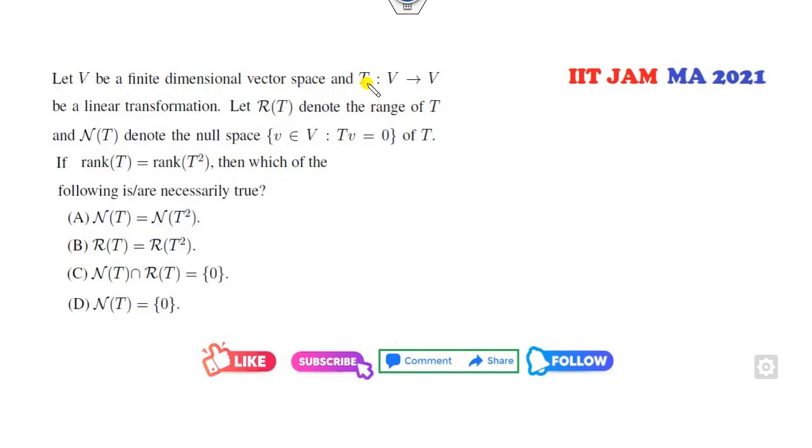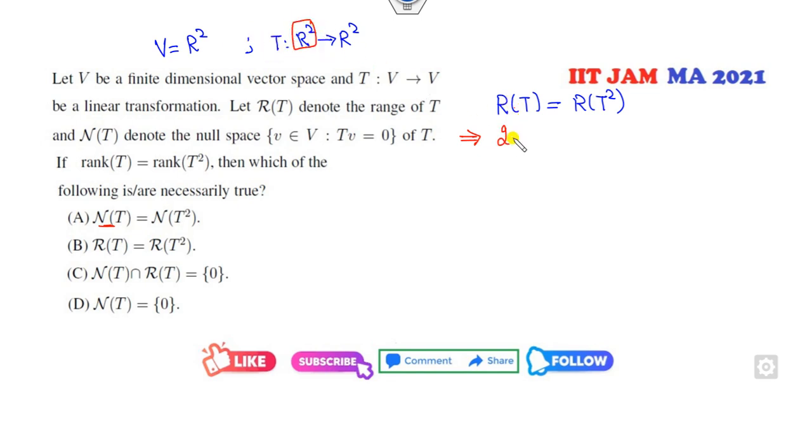V is a finite dimension space. Again, dimension is not given to you, so I can say V is R2. So capital T is R2 to R2, a linear transformation such that rank of T is rank of T square, and you are talking about the null space. Fine. So what is the rank of this?